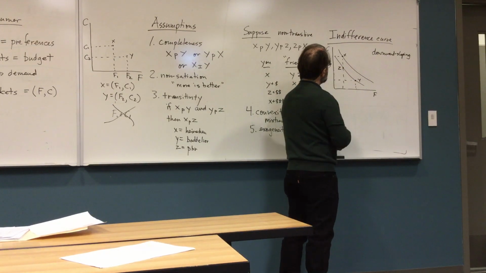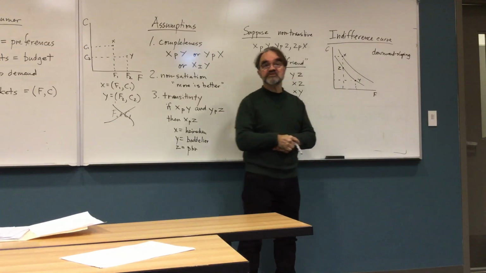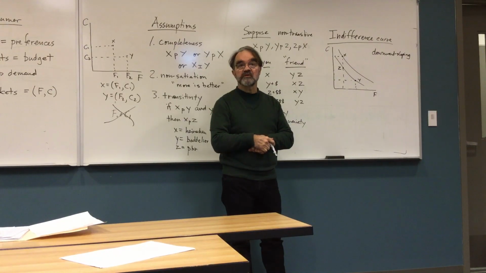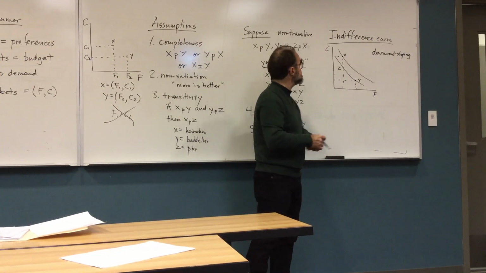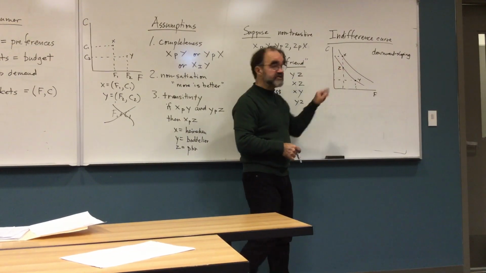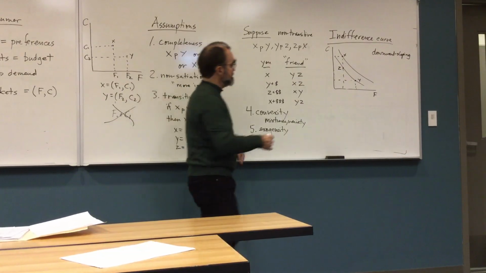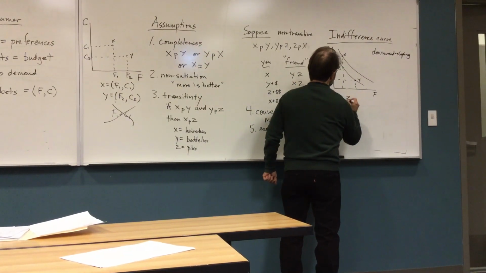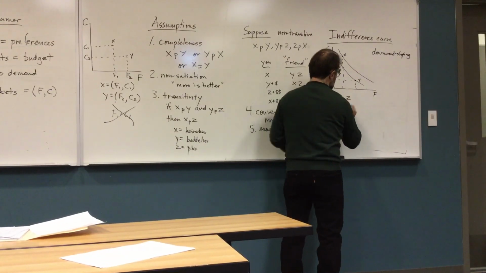Think about point X versus point Z. What has to be true? X has to be preferred to Z because X has the same amount of food, but it has more clothing. And so on non-satiation, it must be the case that X is preferred to Z. What about Z and Y?